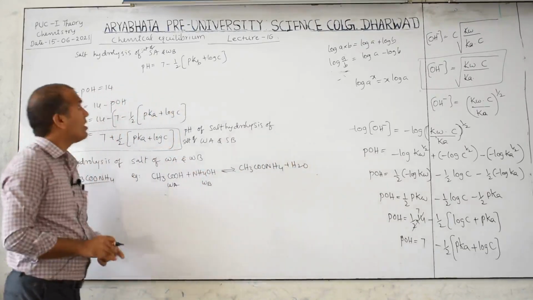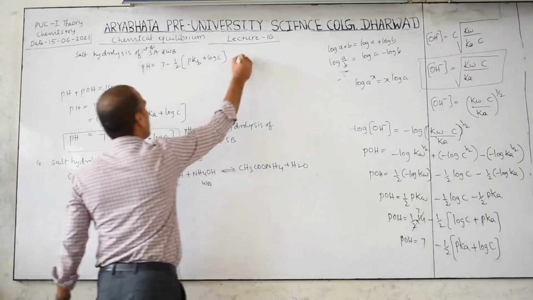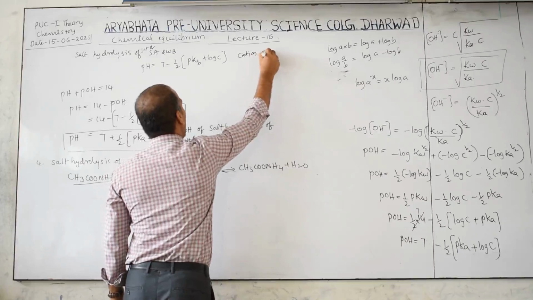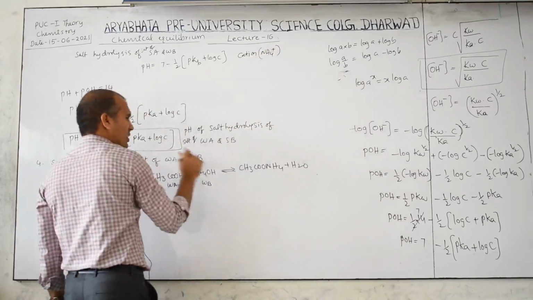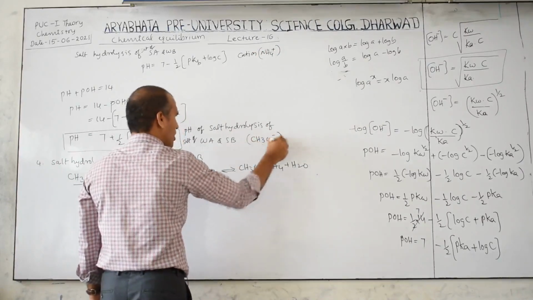Now in this case, cation hydrolysis, which one is this? What is the cation? NH4 plus ion hydrolysis. In this case, which is the hydrolysis? CH3COO minus hydrolysis.